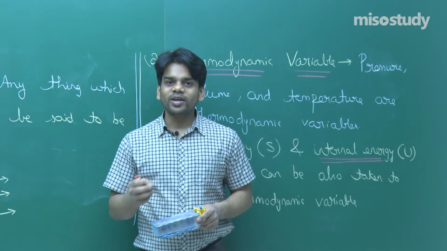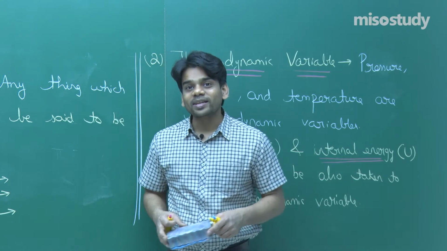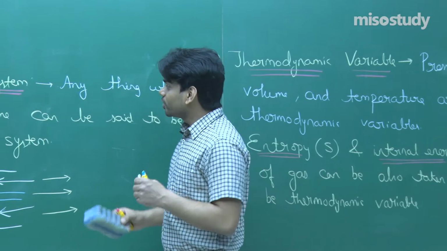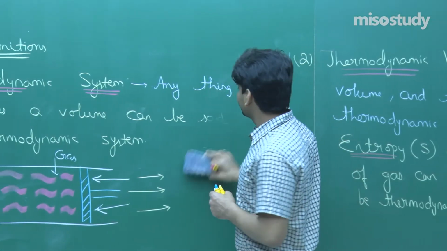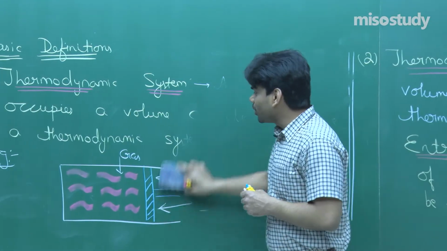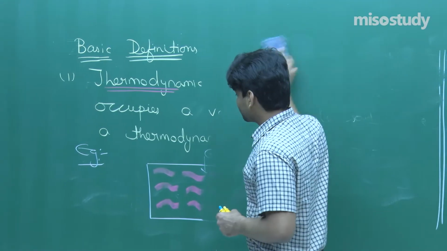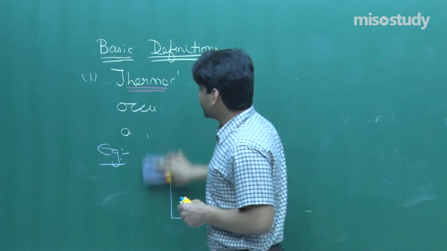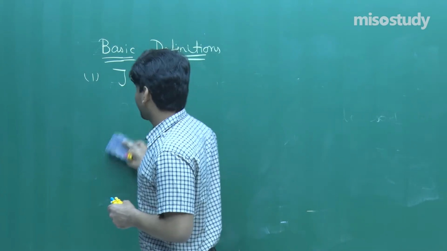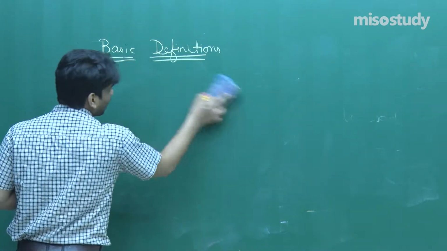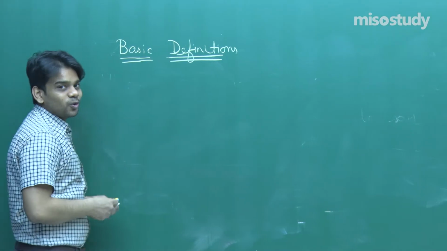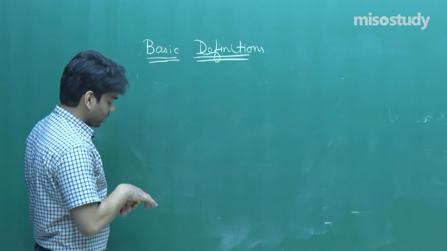If you know any two variables, the third can be reached automatically. So the third thing we should know is the equation of state, which is actually the ideal gas equation. It is useful in determining the relation between variables and in finding any variable when you know the other two.